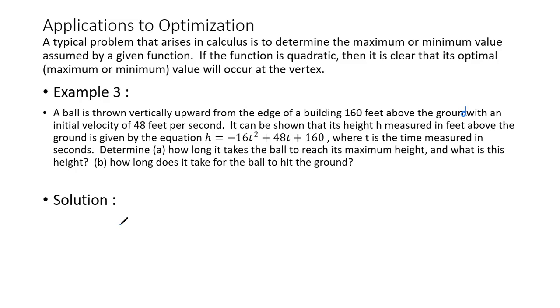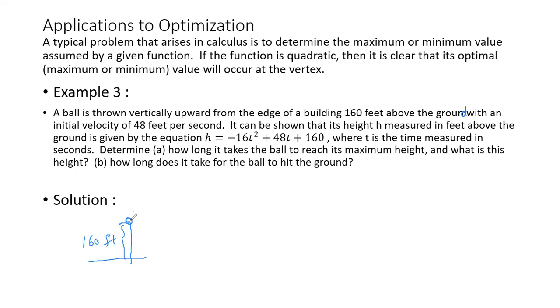The ball is thrown vertically upward from the edge of a building. Say this is the building, this is the ground. What's the height? Height of the building is 160 feet. The ball is thrown vertically upward.